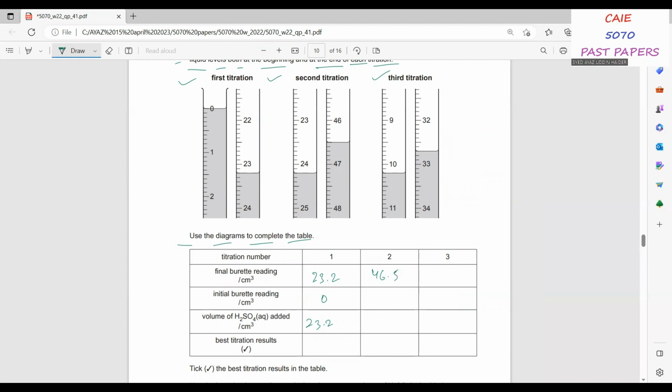The initial reading will be 24.2. So if you calculate the difference, you will get 46.5 minus 24.2, 22.3.